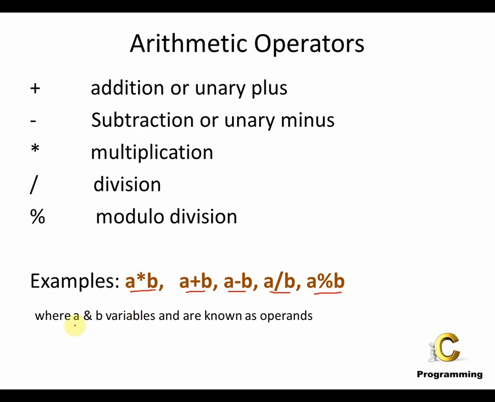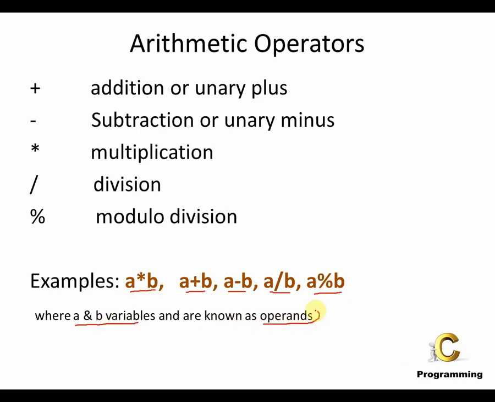So A and B are nothing but variables, and whenever we use them in an arithmetic expression, they are called operands, because the operators like the multiplication operator, plus operator, or the minus operator are used on these variables, or on these operands.